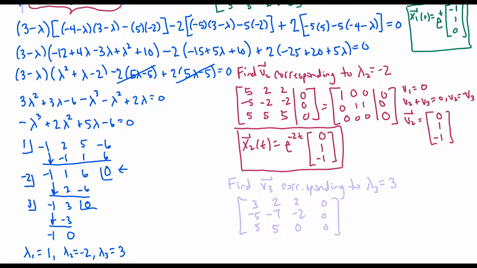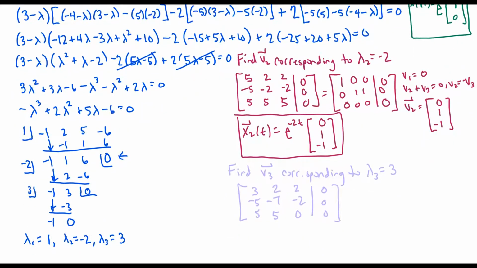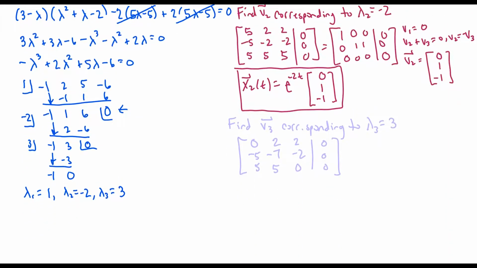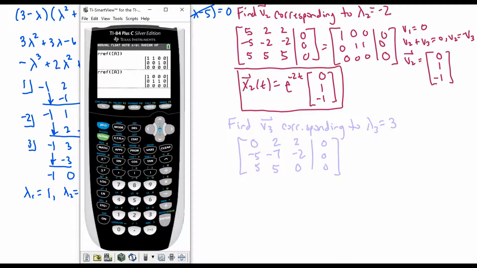Okay, so we will update this in our calculator. Whoops, first entry, 3 minus 3 should be 0. Did y'all catch that? I bet you did. Okay, got it just in time. Let's update the entries in our calculator. I'm going to go back to my matrix menu and edit.